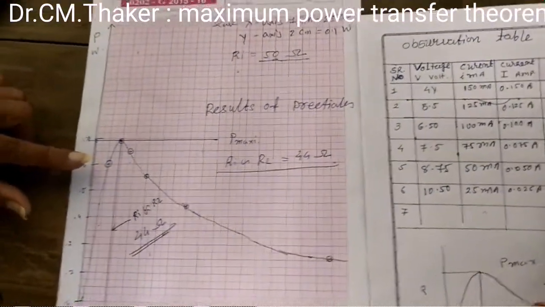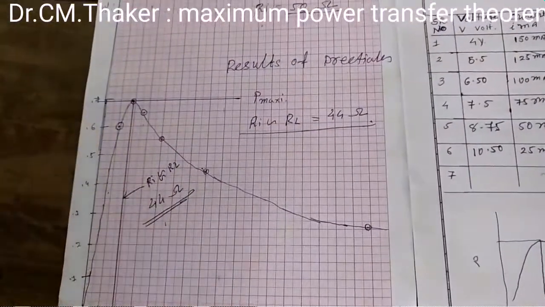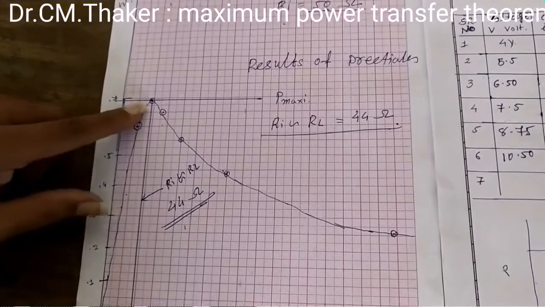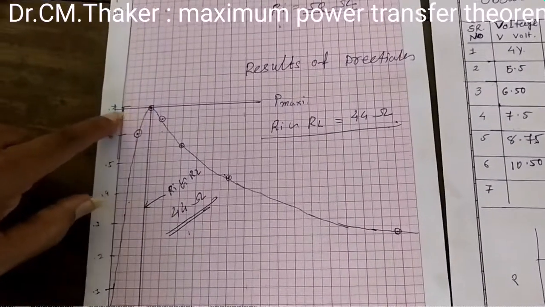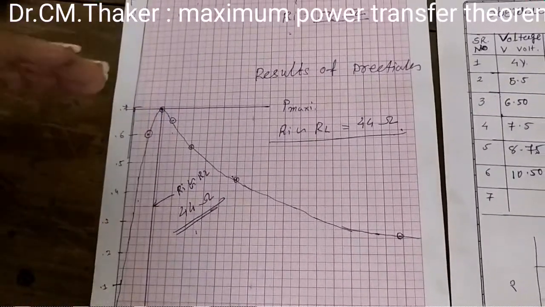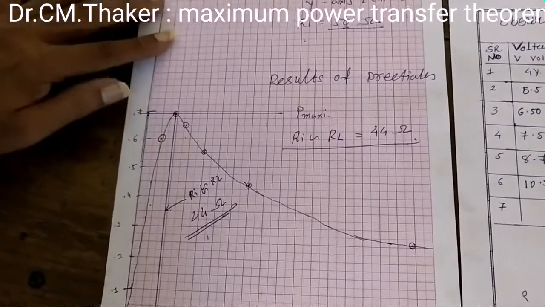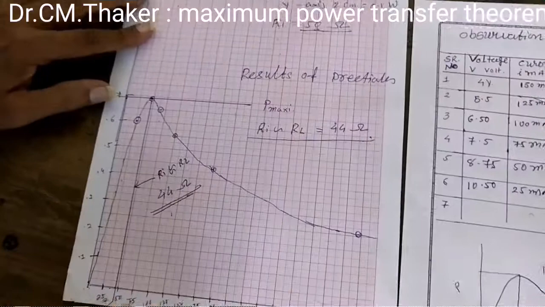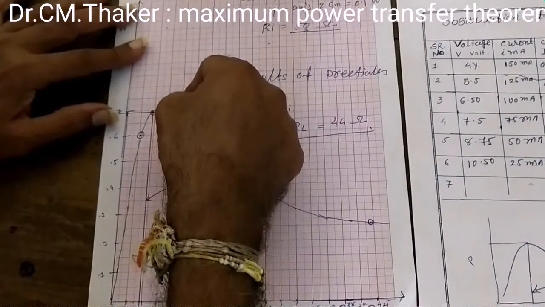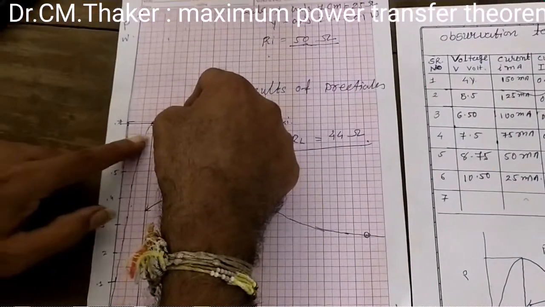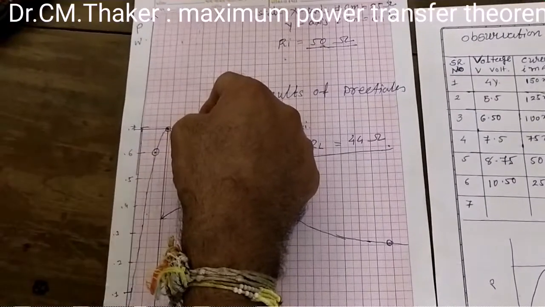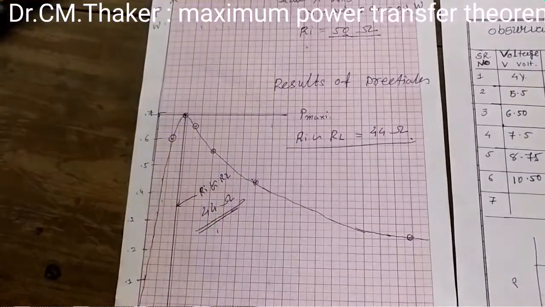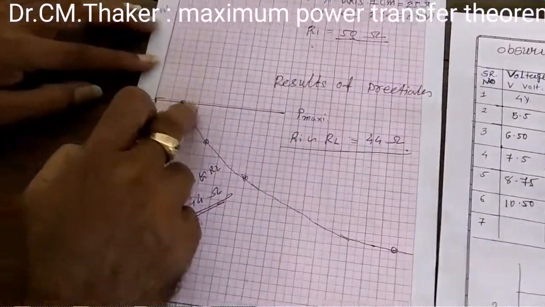And 44 ohms, that is one segment less than 50 ohms, is here, and it shows 0.68 watt of power, less than 0.7 by one segment. And 65 ohms is here, and it shows almost 0.65 watt power. So very important three points, 1, 2 and 3.